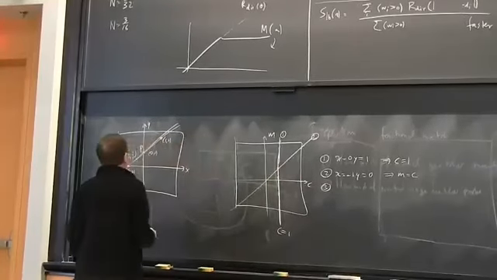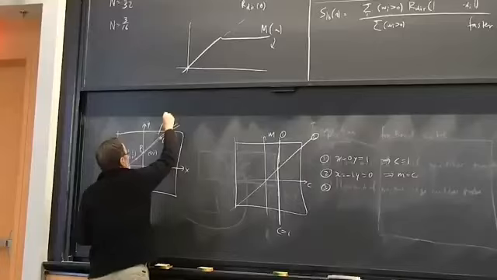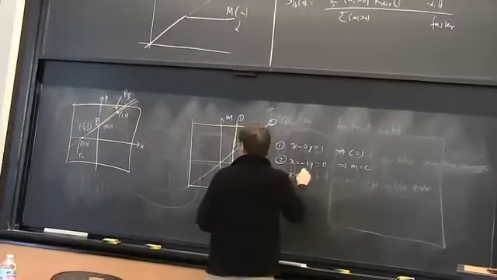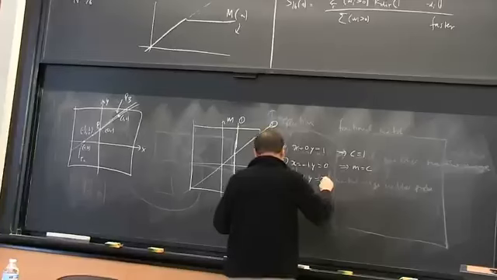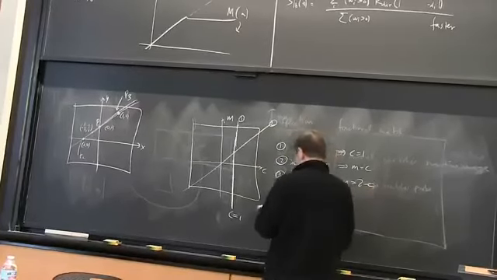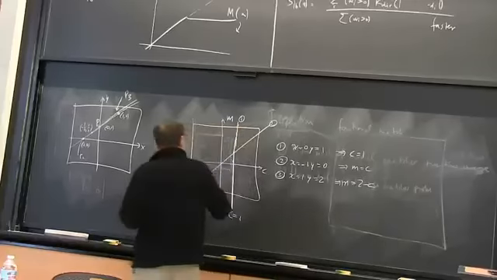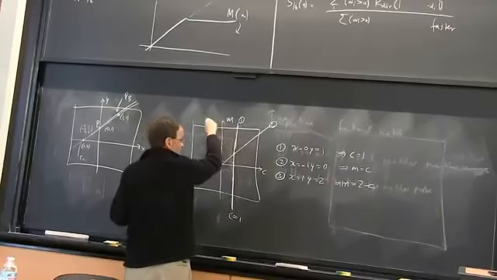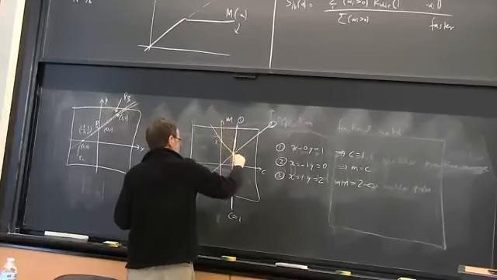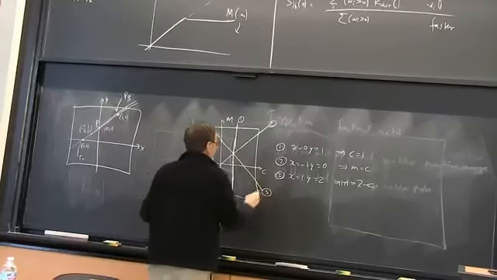Let's just do one more. Let's do this one, point 3. So for 3, we have x is 1 and y is 2. And for that, the equation is m equals 2 minus c. And so that line, 2 minus c, will start at 2 and then go negative, goes like that. So that's line 3.